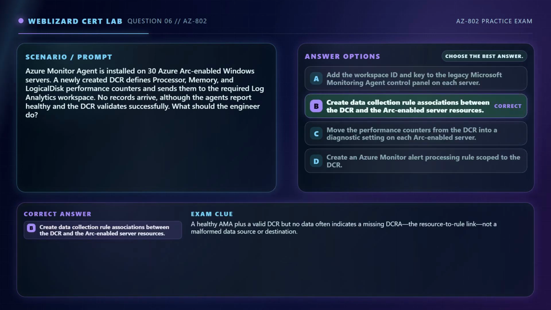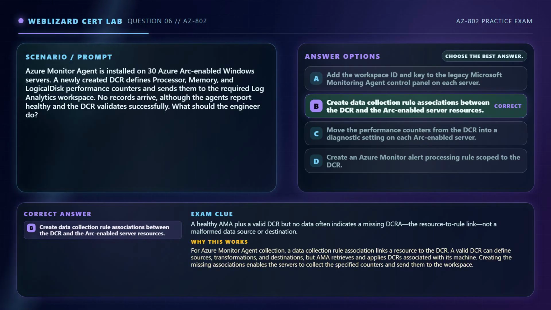The correct answer is B. Create data collection rule associations between the DCR and the Arc-enabled server resources. For Azure Monitor Agent collection, a data collection rule association links a resource to the DCR. A valid DCR can define sources, transformations, and destinations, but AMA retrieves and applies DCRs associated with its machine.